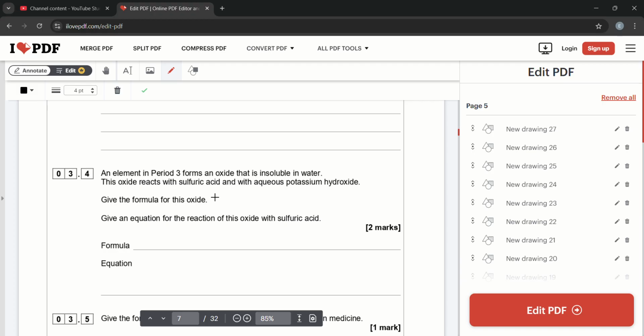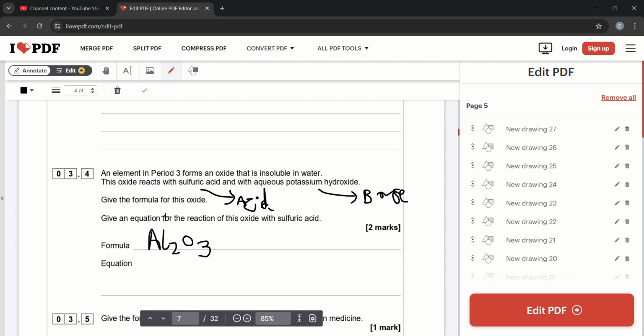Okay. So sulfuric acid is an acid. Aqueous potassium hydroxide is a base. What we call something that can react with acids and bases is amphoteric. And the main example of an amphoteric oxide that you should have studied is Al2O3, aluminium oxide.